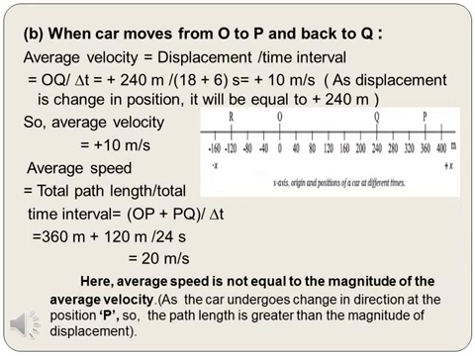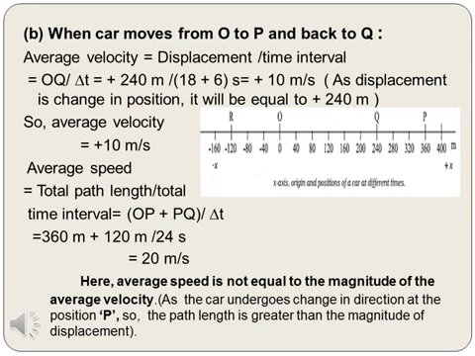Then it will be equal to OQ by delta t, which is equal to plus 240 meter divided by 18 plus 6 seconds is equal to plus 10 meter per second. As displacement is change in position, it will be equal to plus 240 meter. So, average velocity is equal to plus 10 meter per second.